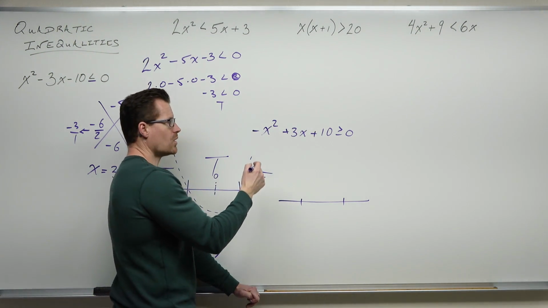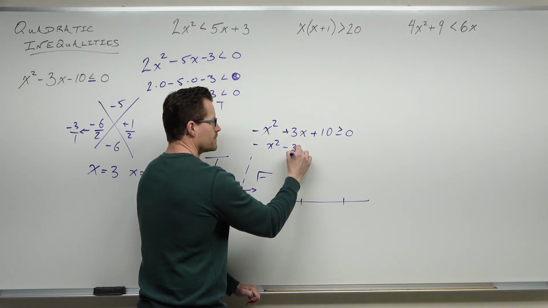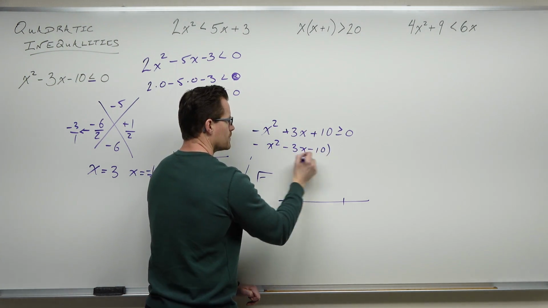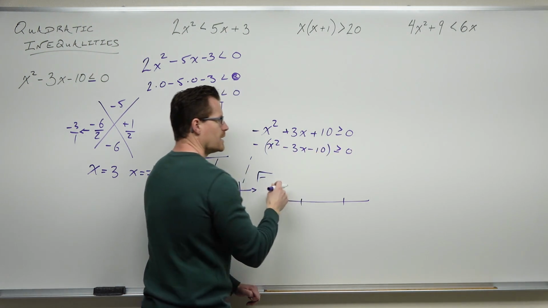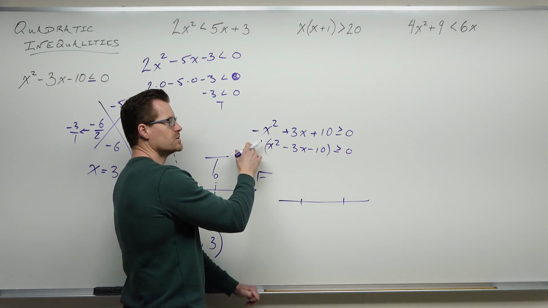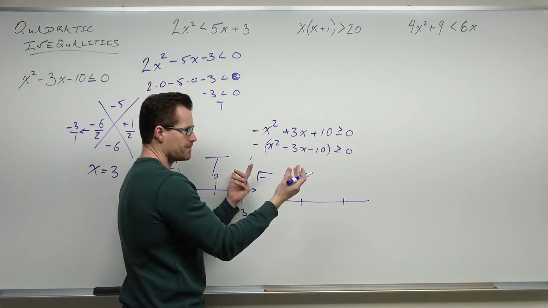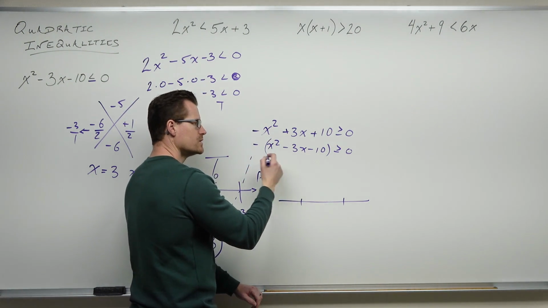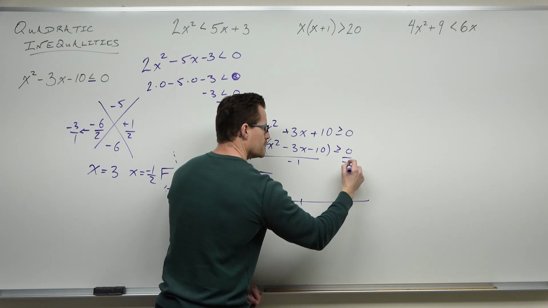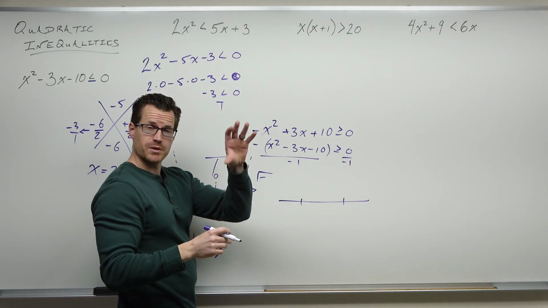The thing about inequalities, though, is that if you factor a negative, and you change all your signs, if you divide by a negative in order to get this negative away, let's say, then when you divide by a -1, it changes your inequality. Do you remember that when you divide by a negative, you flip your inequality?